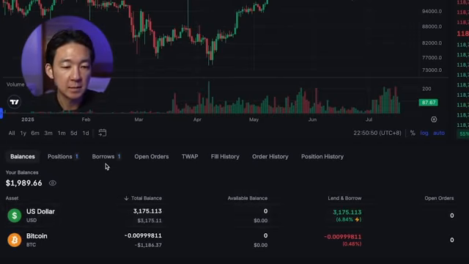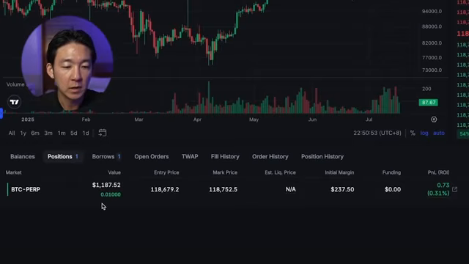And at the same time, on perpetuals, I'm long on Bitcoin about 0.01. And even if Bitcoin is moving up or down, my exposure is almost zero because I'm long and short on Bitcoin. I don't really get any effect from the price movement of Bitcoin.